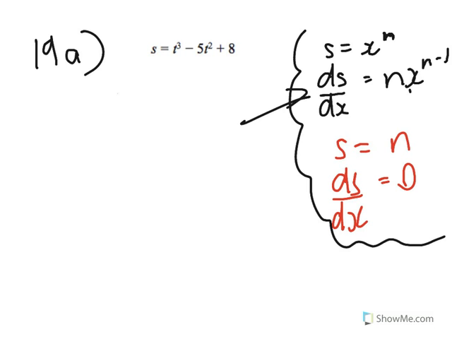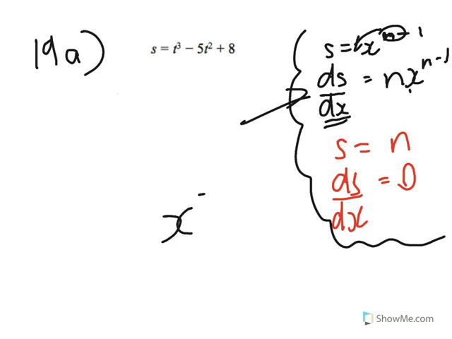Now look over here. If you have an equation where s is equal to x to the power of n, when you differentiate s with respect to x, you're going to get n coming down, multiplied by x to the power of n minus 1.